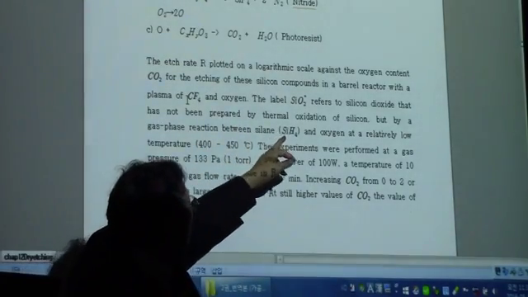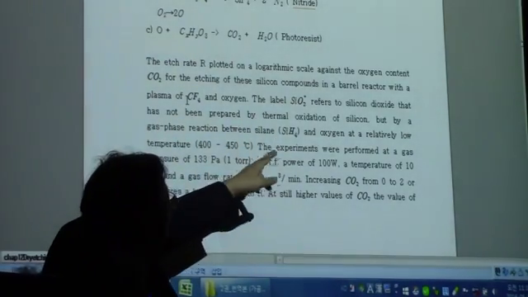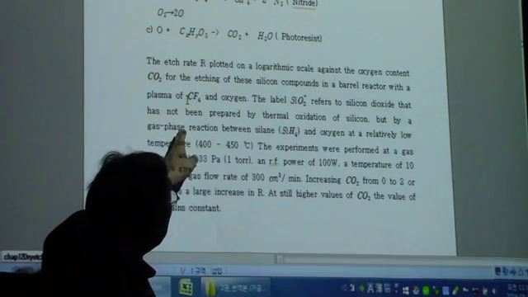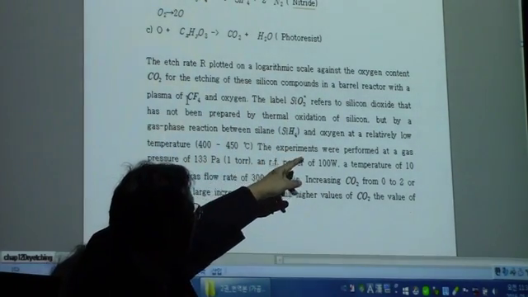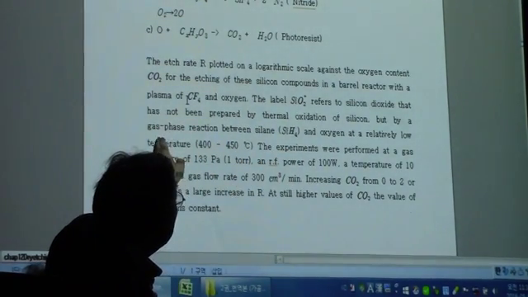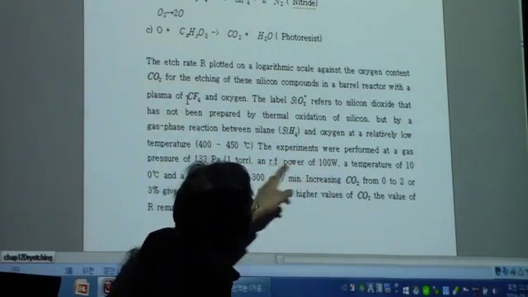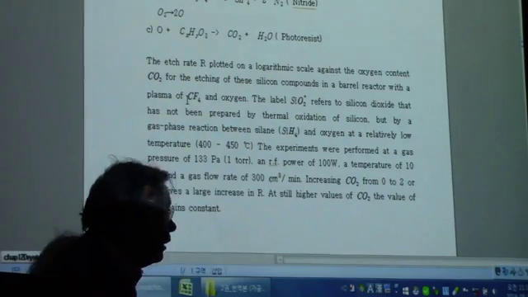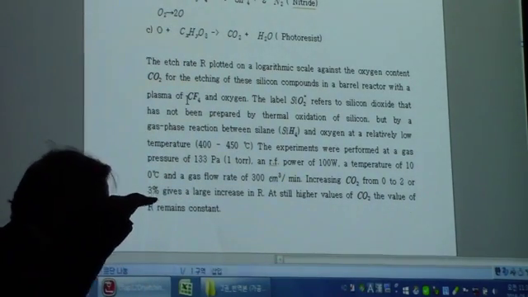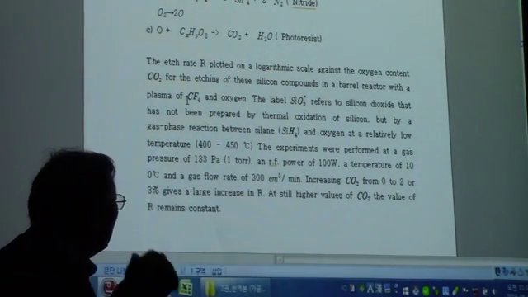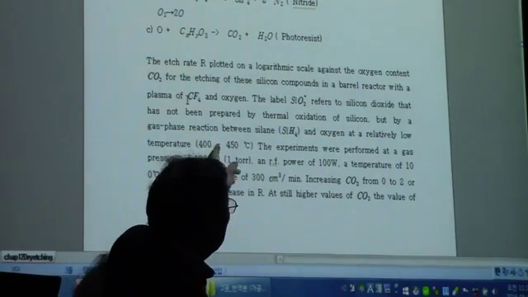So this SiO2 star refers to silicon dioxide that has not been prepared by the thermal oxidation of the silicon, but by a gas phase reaction between silane gas and oxygen at low temperature, and its etch rate is higher than the thermal oxide.